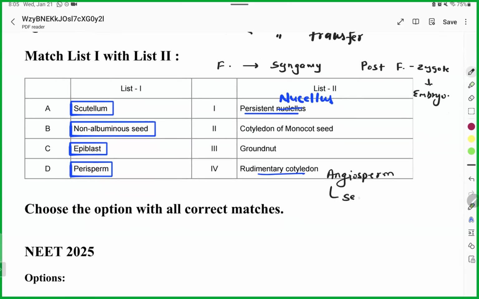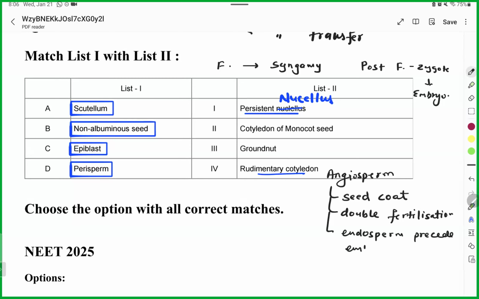They have seed coat and they have double fertilization. Endosperm formation precedes embryo development. Okay, so endosperm formation precedes embryo development.